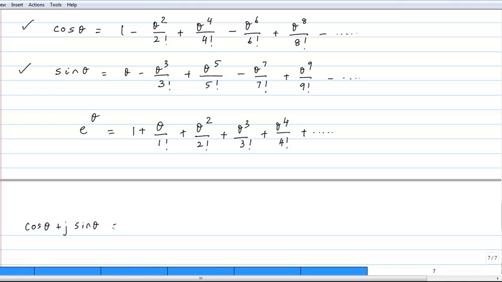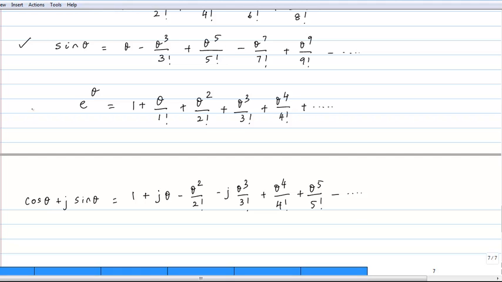What we are going to end up with is 1 plus j theta minus theta squared over 2 factorial minus j times theta cubed over 3 factorial plus theta to the 4 over 4 factorial plus j times theta to the 5 over 5 factorial, so on and so forth.